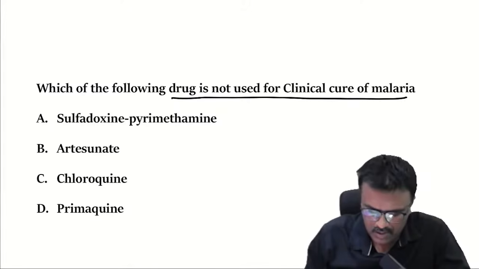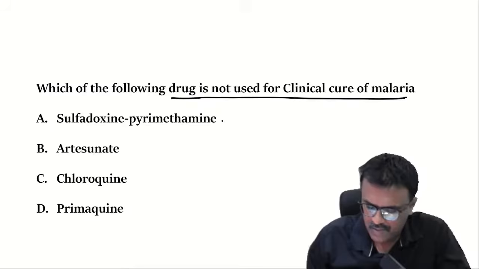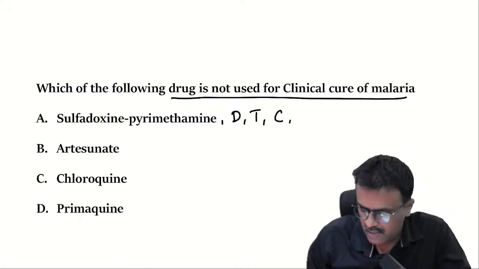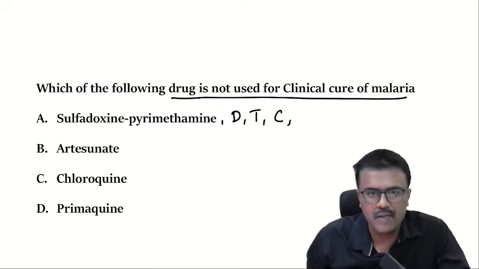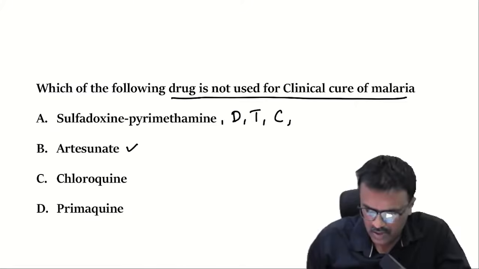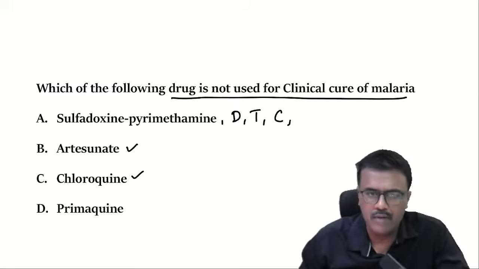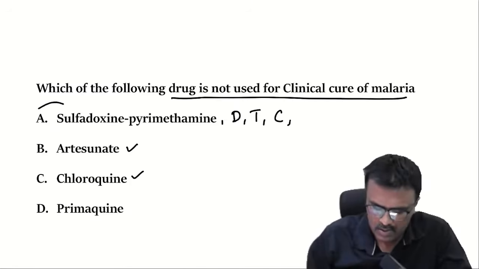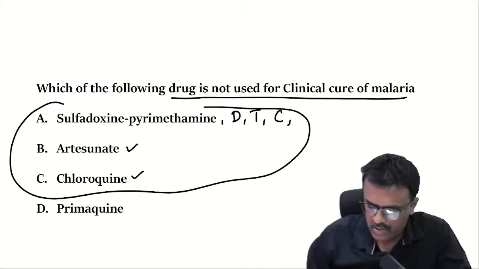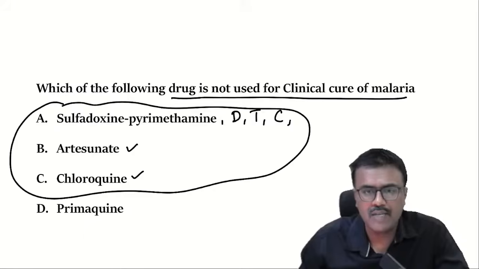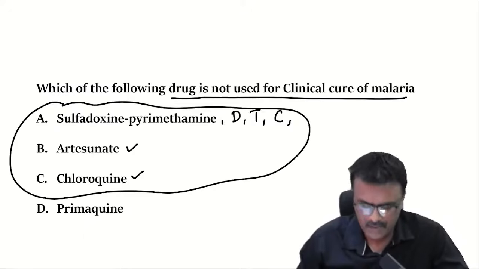Which of the following drugs is not used for clinical cure of malaria? Now, sulfadoxine, pyrimethamine, dapsone, tetracycline, clindamycin, these are slower acting drugs used for clinical cure. Artesunate, chloroquine, mefloquine, halofantrine, all these work on the erythrocytic stage and can cause clinical cure, that means reduce fever.